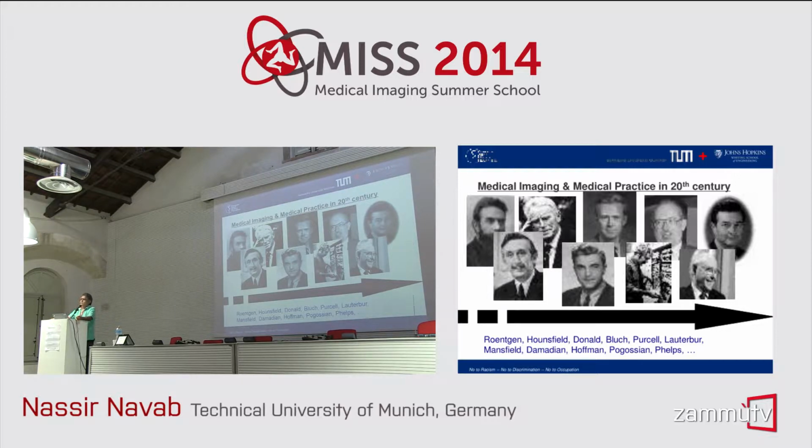Damadian was a medical doctor who had a patent in 1970. In that patent, he was saying that nuclear magnetic resonance could be used for detecting tissue, for recognizing tissue.